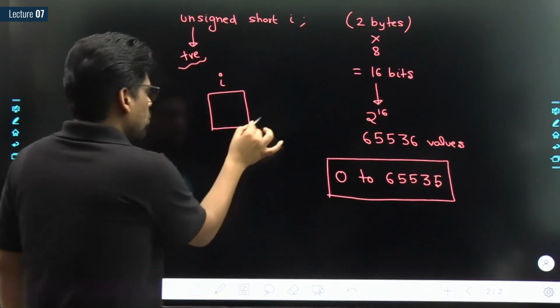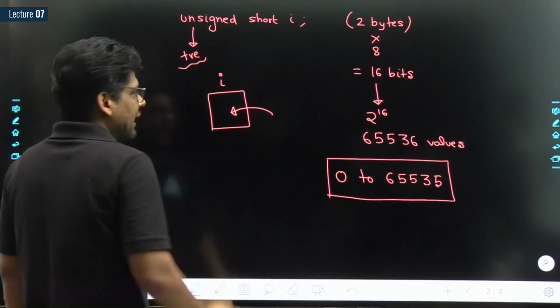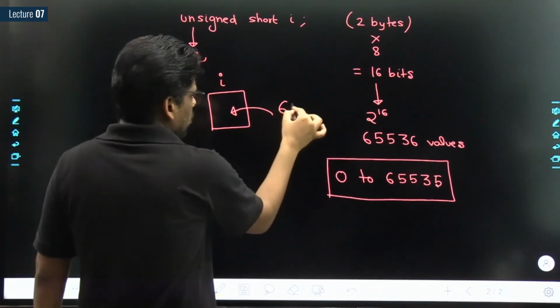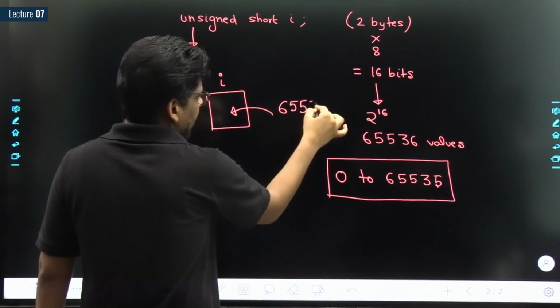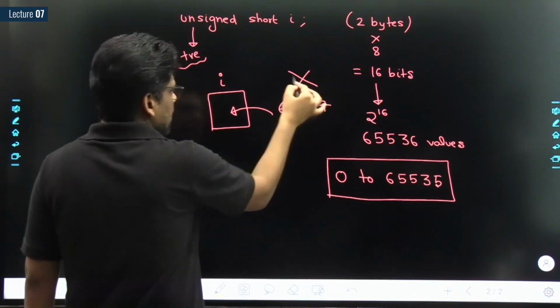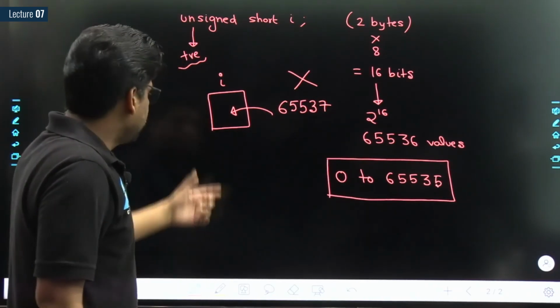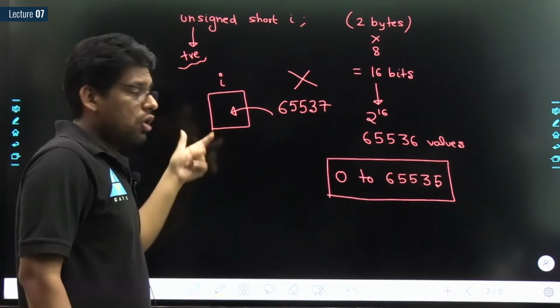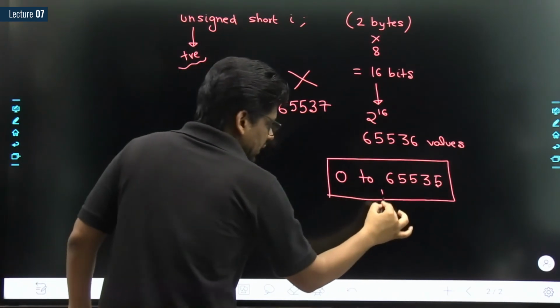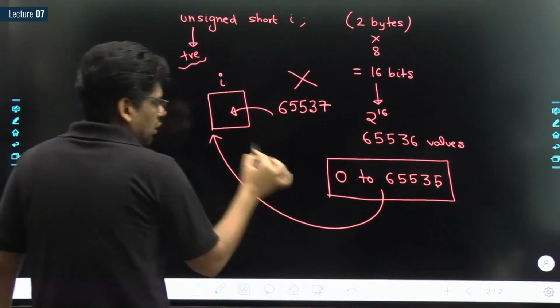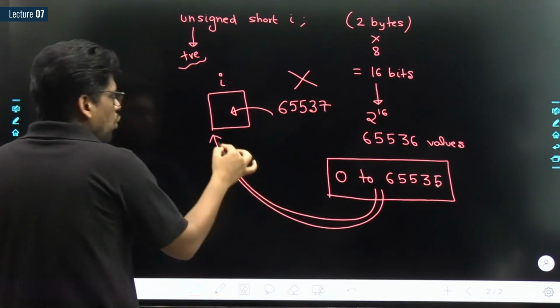If I ask you what value can go inside I, is it possible to store 65537 inside here? No, sir. Within this box, only this range of values can be stored.